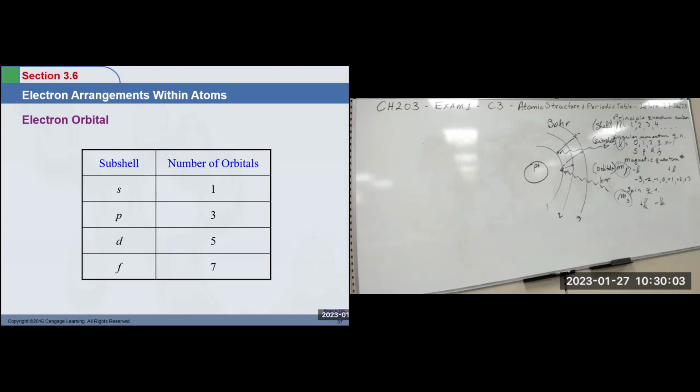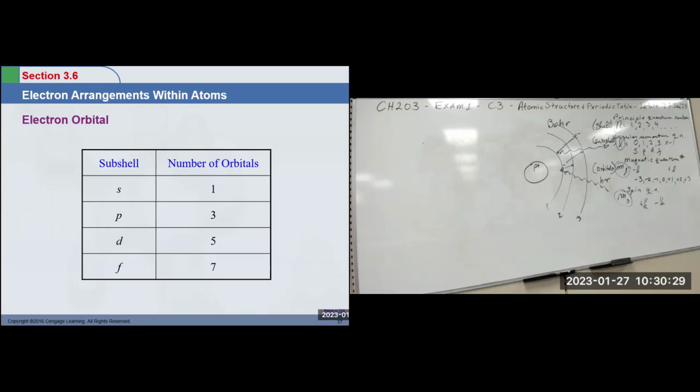And then if you move to L equals 1, or the P orbitals, now you can have 6 electrons. 1, 2, 3, 4, 5, 6. So you're filling the P orbitals with these. And then you can go to L equals 2, or the D orbitals, and how many can we have there?